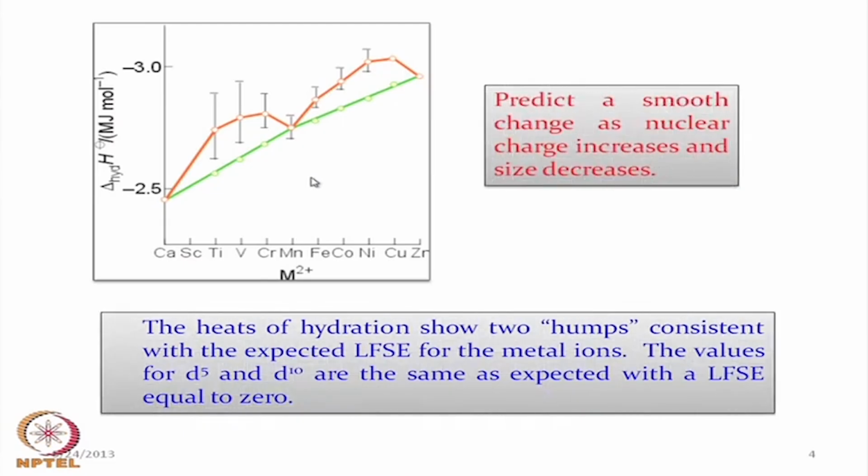So it also predicts a smooth change as nuclear charge increases and size decreases. Monotonically the hydration energy values are increasing as the nuclear charge increases, and nuclear charge is responsible for squeezing the size of the metal ion, so the size decreases and we have more and more interaction of the M2+ center with the H2O molecule.